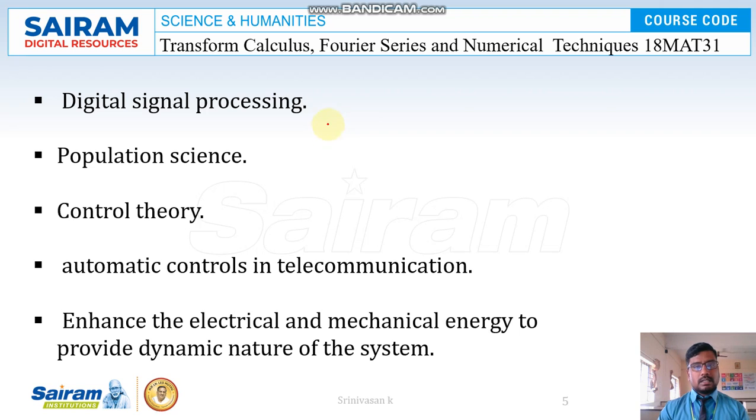Next, digital signal processing and population science. In this other field, population science, how do we find whether people growth or disease growth is increasing or decreasing? In the pandemic situation, COVID-19 cases every day are increasing or decreasing. The solution is obtained by using the Z transform.